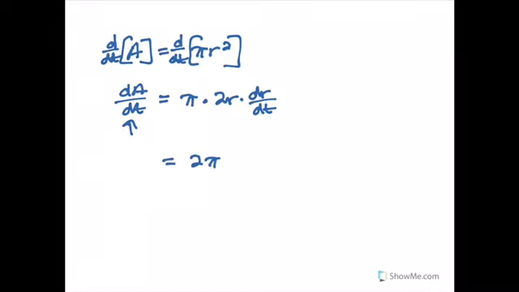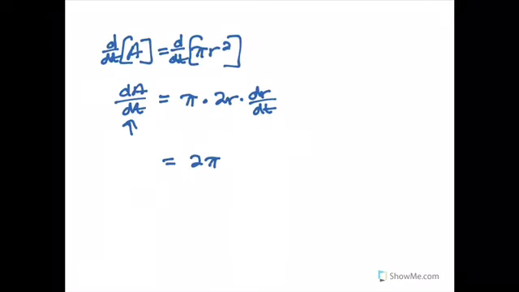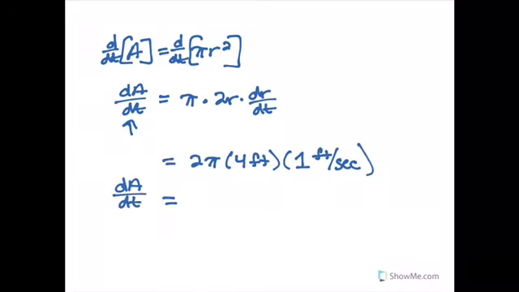And if we go back and look, our r is 4 feet and our dr/dt is 1 foot per second. So, the rate of change of the area of my outer ripple is 8 pi feet squared per second.